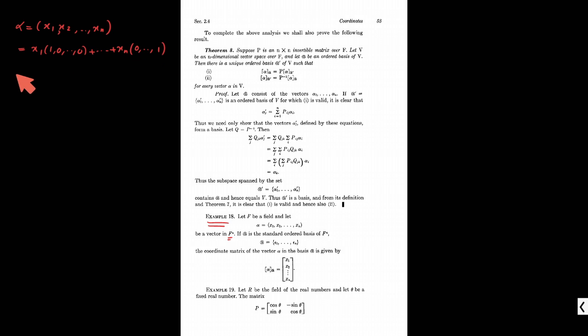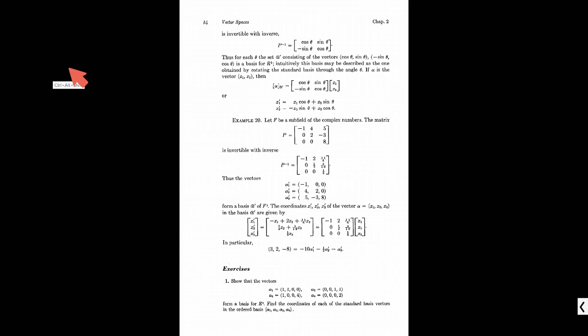So this shows that this is equal to x1 epsilon 1 plus etc. plus xn epsilon n, that is, the coordinate of alpha relative to the basis B is equal to (x1, x2, etc., xn), where the basis B is the standard ordered basis epsilon 1, etc., epsilon n. So this is what we discussed in example 18.